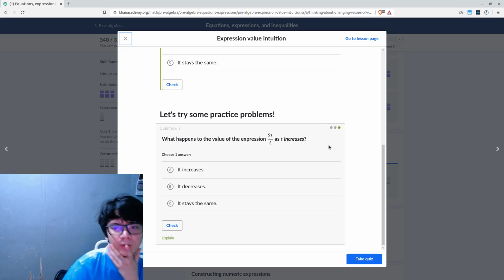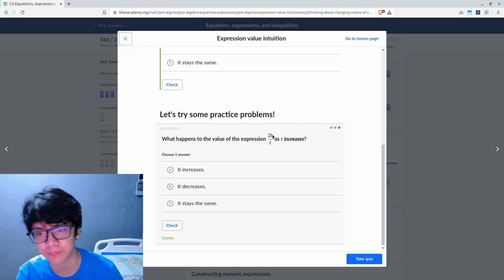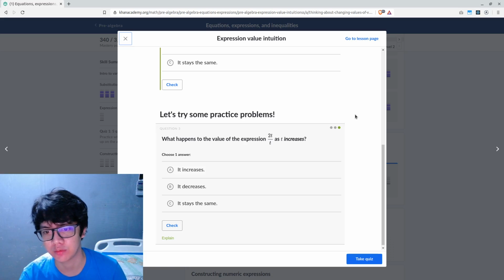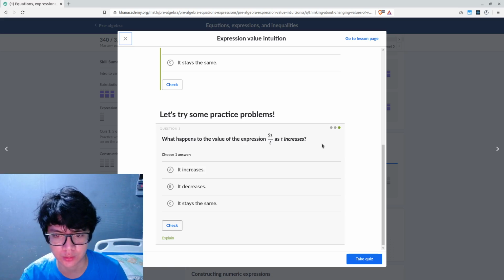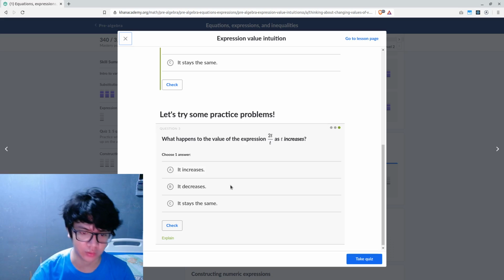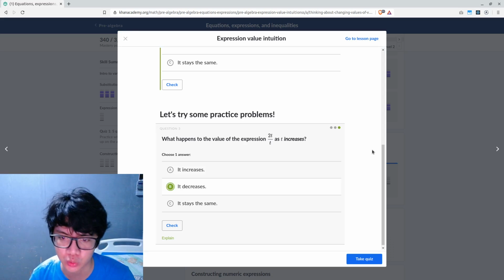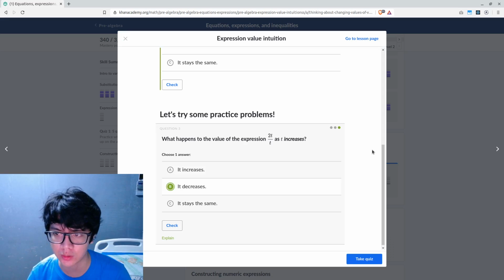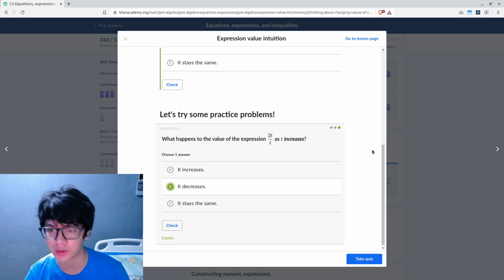If this is 2, I get 8 divided by 2, with 4. If this was 5, then we're going to have 10 divided by 5 too. If this is 10, we have 20 divided by 10 is 2.